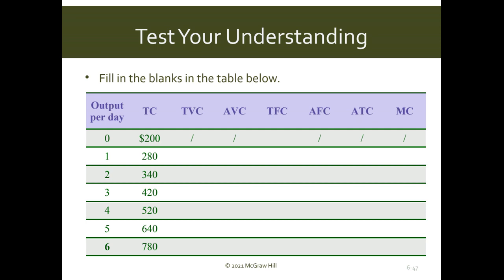Make sure you know how to calculate TVC, AVC, TFC, AFC, ATC, and MC. One of the questions in your assignment will also ask you to calculate these numbers. If you don't understand, just text me on my cell or send me a message through the Blackboard messaging service, and we'll be more than happy to help you answer those questions.